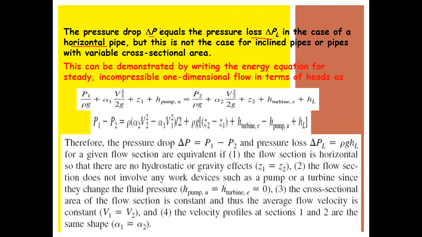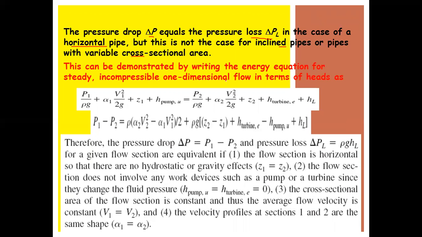So delta P is equal to delta PL only in the case of a horizontal pipe, but delta P is not equal to delta PL in the case of inclined pipes and variable cross-section area. Okay, next.